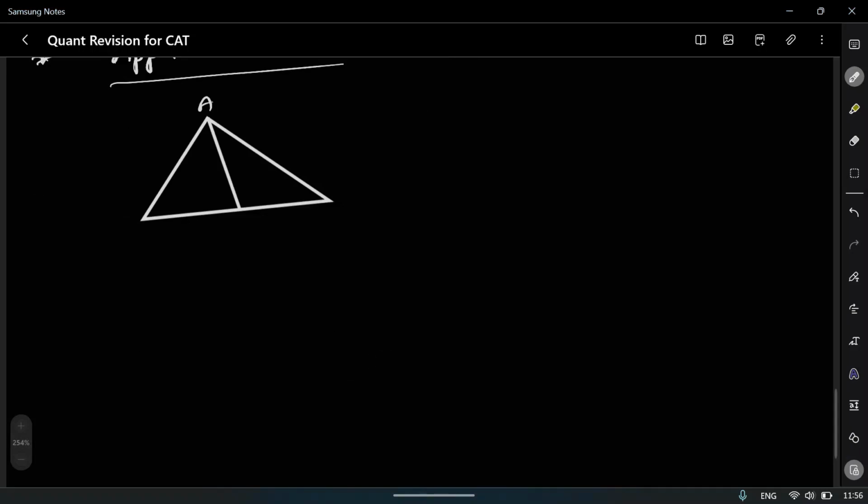Let us take this triangle A, B, C, D. Let AD be the median, and D divides BC into two equal parts. What Apollonius theorem states is AB square plus AC square equals 2 into (AD square plus BD square).